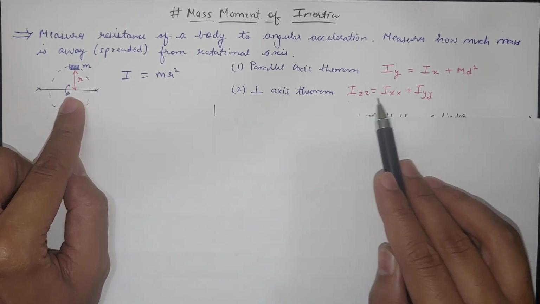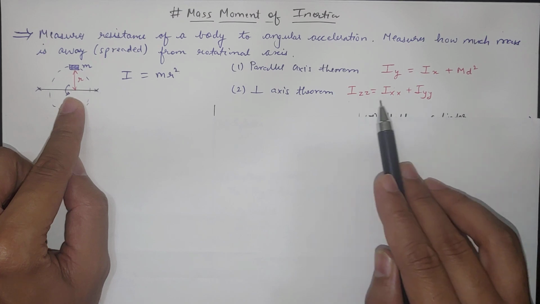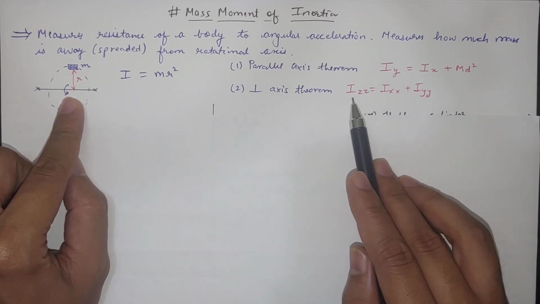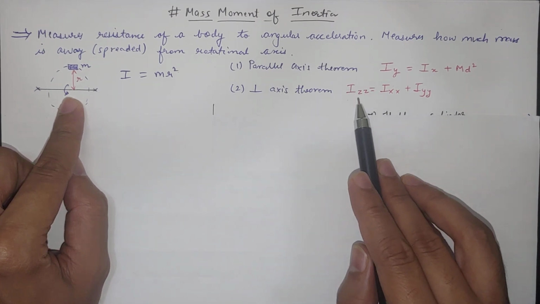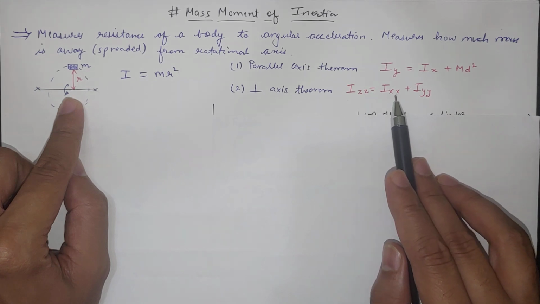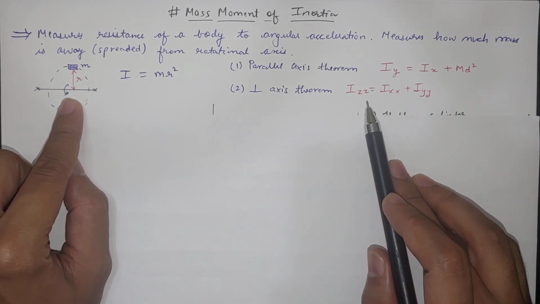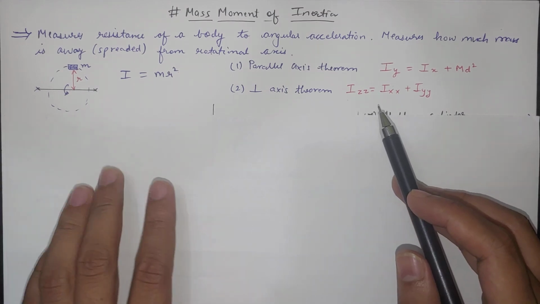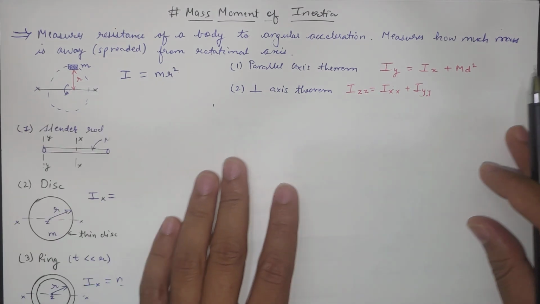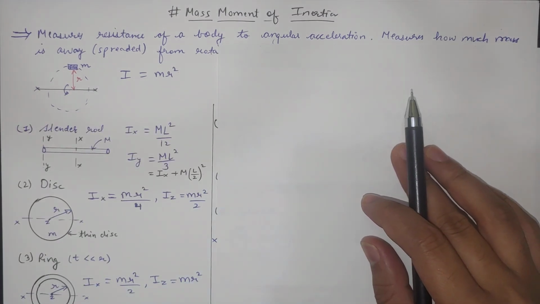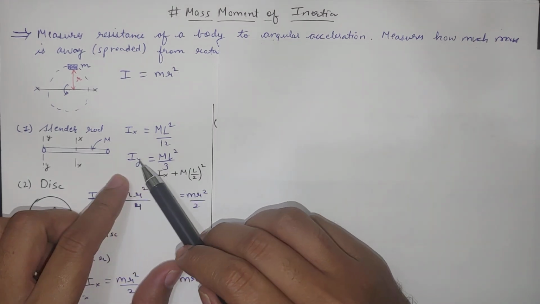So Izz equals Ixx plus Iyy. This is how, with the perpendicular axis theorem, you can find inertia in the direction perpendicular to the two known inertias. So these are the two theorems, and we will now see some common objects and the standard formulas of inertia.